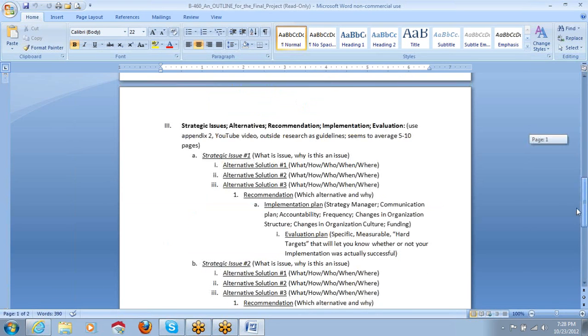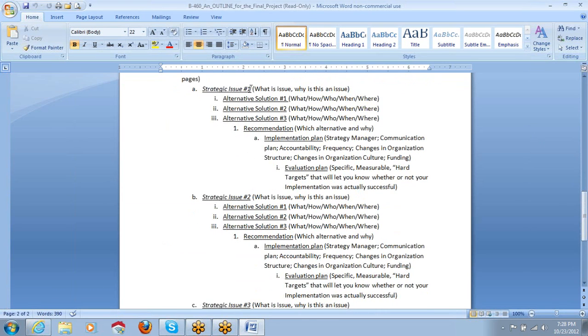Week 6 is strategic issue 1, alternative solution 1, alternative solution 2, alternative solution 3, and recommendation. Week 6 is strategic issue 2, alternative solution 1, alternative solution 2, alternative solution 3, and recommendation.